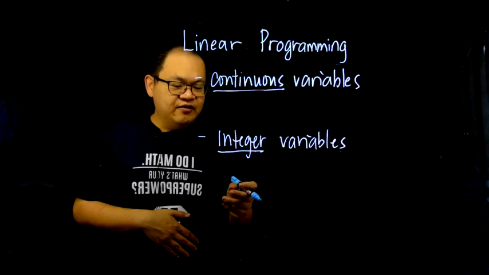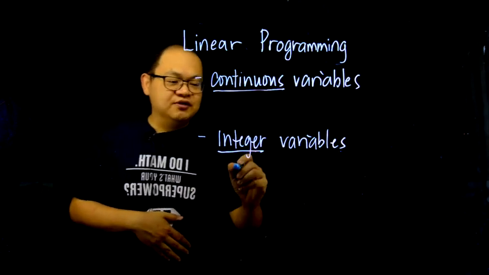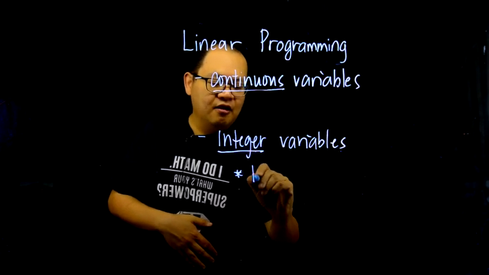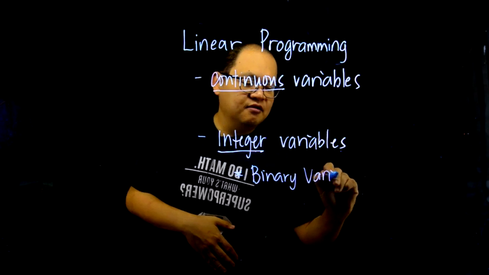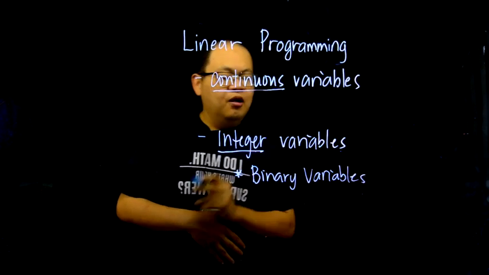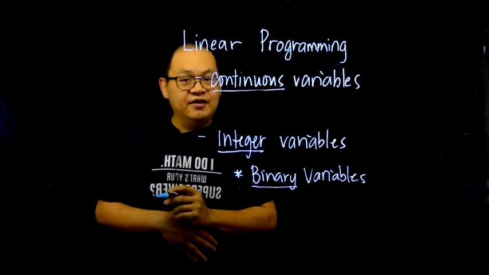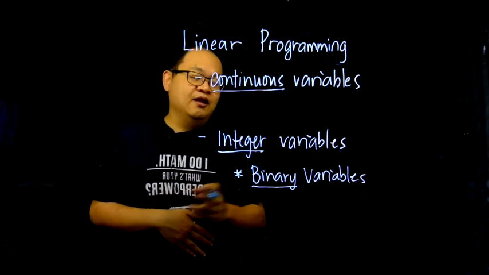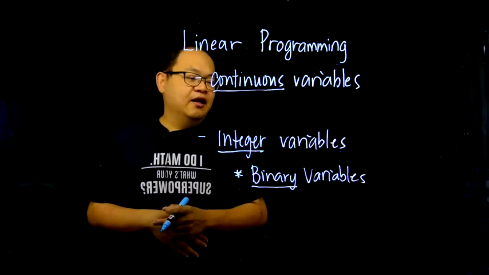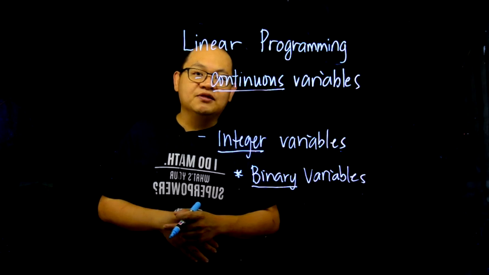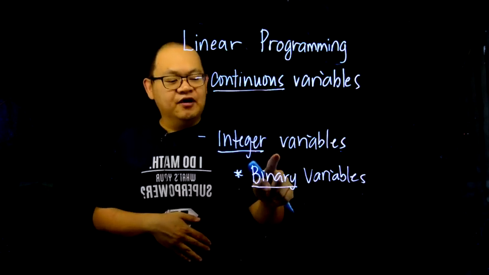And one very special kind of integer variables that we will be eventually using are what we call binary variables. What are binary variables? As the name suggests, binary, or in this case 0, 1, binary variables are variables that can only contain the values 0 or 1. Essentially, binary variables are like integer variables.